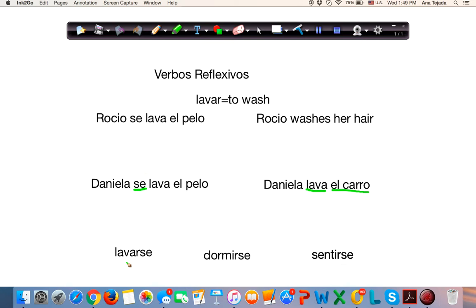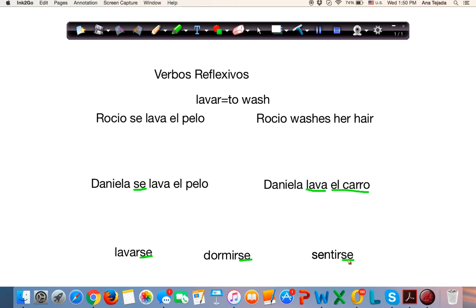In this case, we have ar and ir. Lavarse. We have the verb in its infinitive form and attach se at the end. Dormirse, infinitive form, and attach se at the end. Sentirse, infinitive form, with se attached at the end. Se is our reflexive pronoun in the infinitive form.